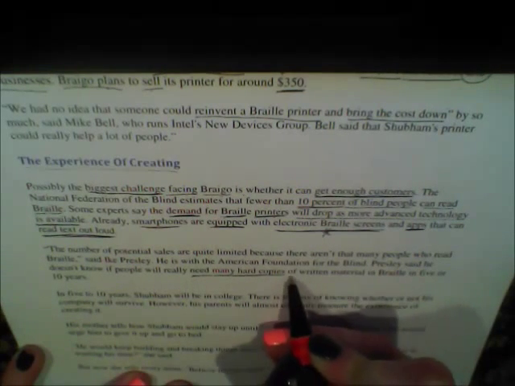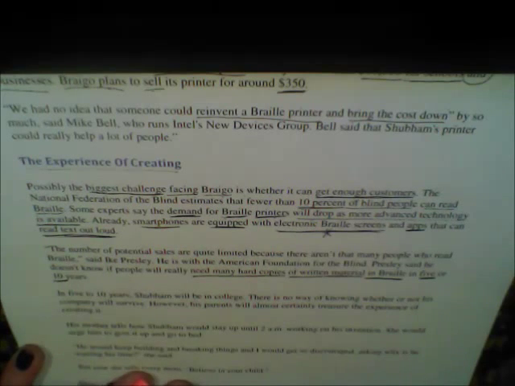So somebody says they don't think they're going to need as many hard copies of written material in Braille, so in that raised dot form, in 5 or 10 years. Well, that makes sense. If we have smartphones and apps, then why do we need to have the hard copies or written materials in Braille?